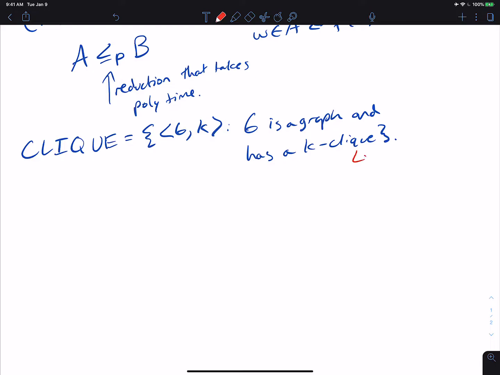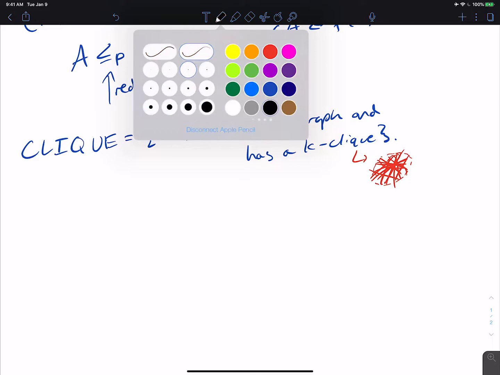A clique is a bunch of vertices where every single edge among every possible pair is present. So that's a K-clique.